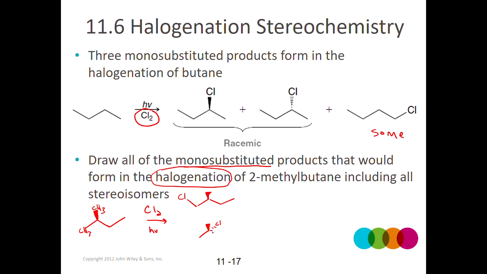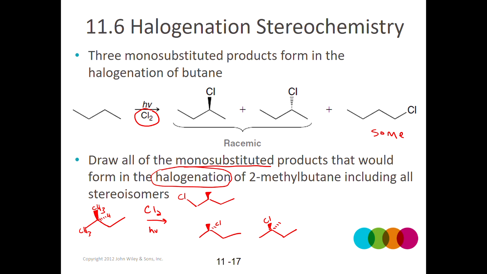If it does, it could come in from behind, or it could come in from the front, because if this hydrogen here is abstracted and a free radical forms, it's not a chiral center, and it has the equivalence of being flat, so the chlorine can come from the top or from the bottom.